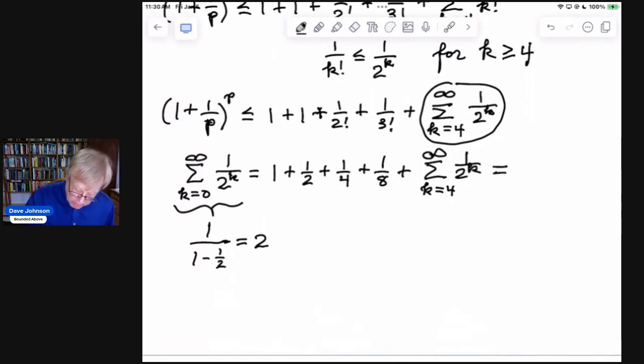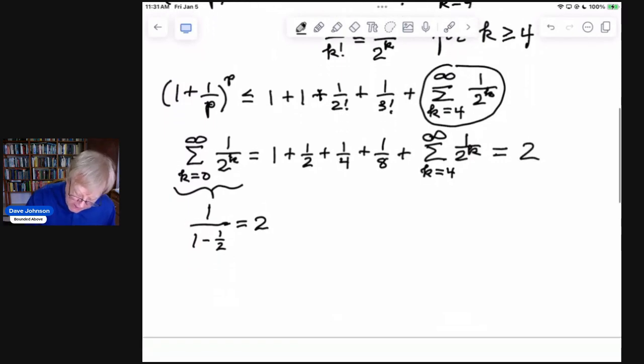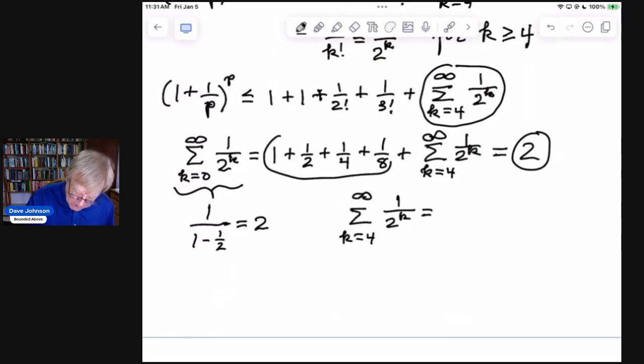And so this is equal to 2. And now we can calculate what the summation k equals 4 to infinity of 1 over 2 to the k is. That's this minus these terms. So 2 minus the quantity 1 plus 1/2 plus 1/4 plus 1/8.